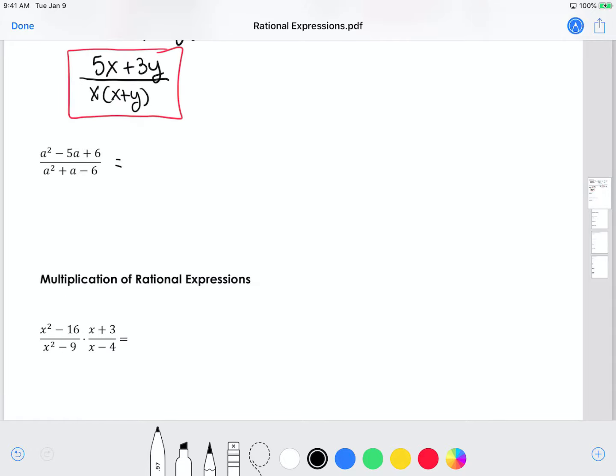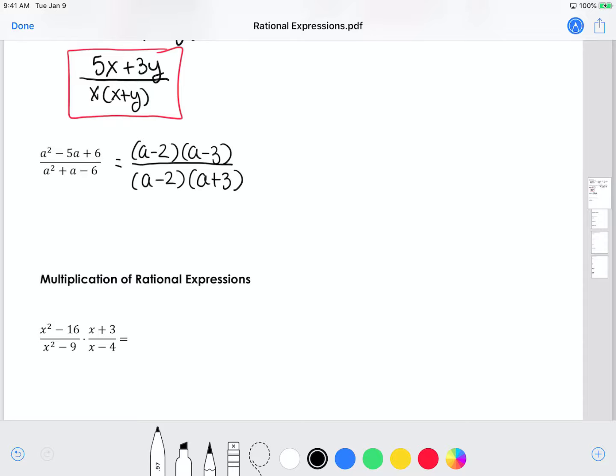In the second example, we have a squared minus 5a plus 6 in the numerator, and we're dividing by a squared plus a minus 6 in the denominator. In order to simplify this, we need to factor the top and the bottom. When I factor the top, I get a minus 2 times a minus 3. When I factor the denominator, I get a minus 2 and a plus 3.